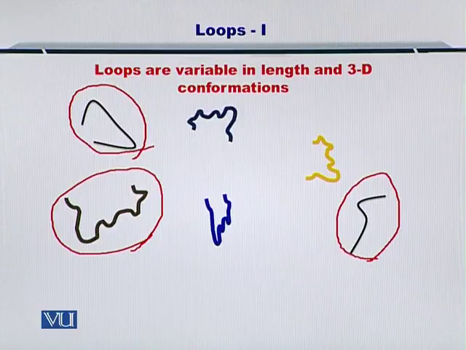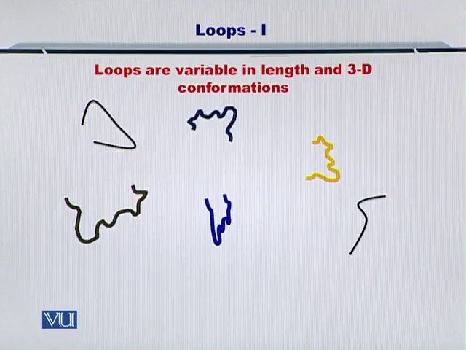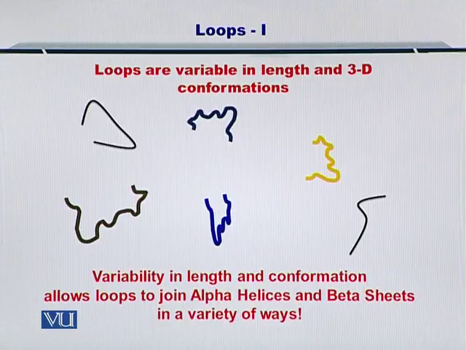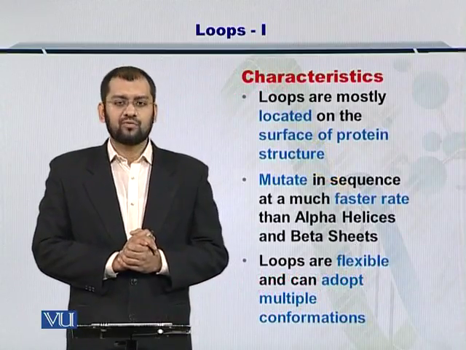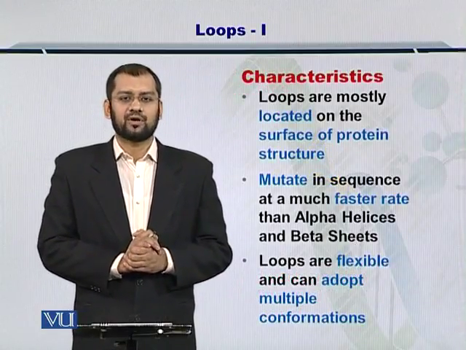Therefore, loops can be long, loops can be short, and it all depends on the amino acids and the side chains that are not participating in the alpha helix or beta sheet formation. So the variability in length and conformation of these loops allows them to join alpha helices and beta sheets in a variety of ways.